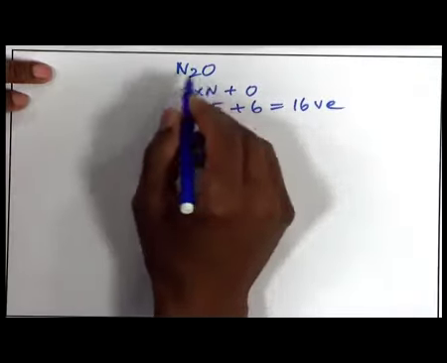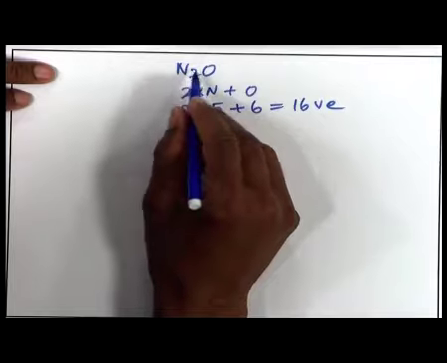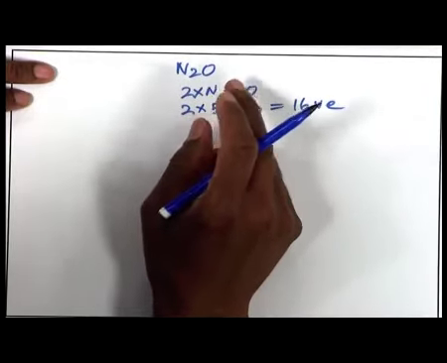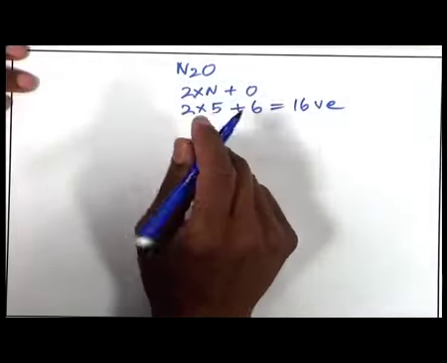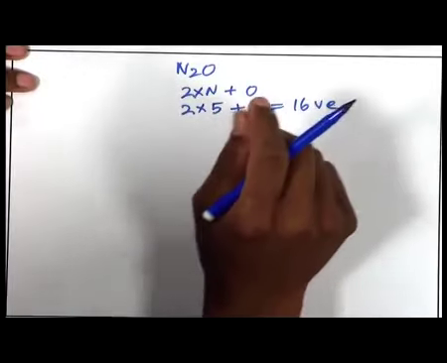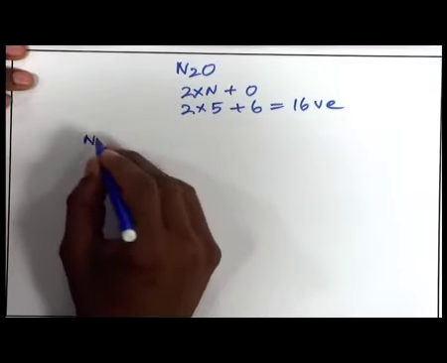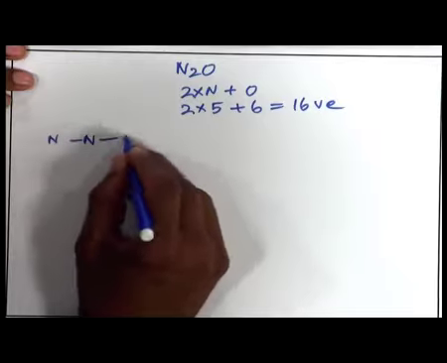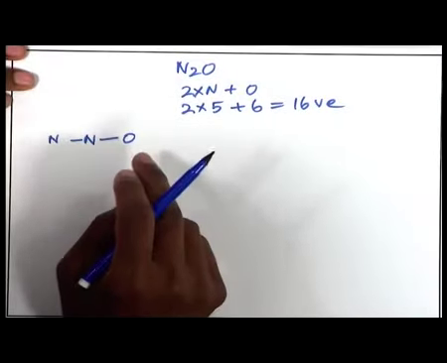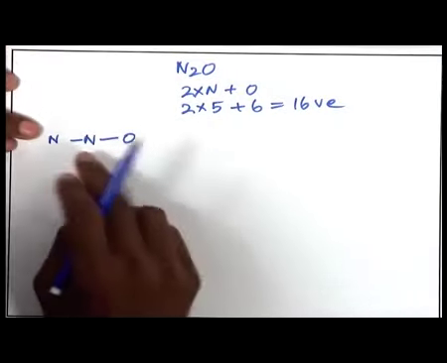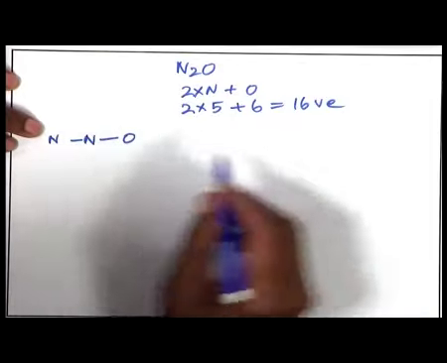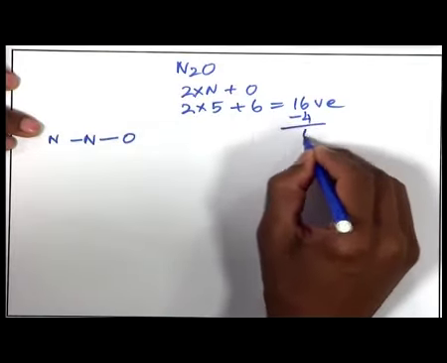Now you can find the central atom, which is the least electronegative or the atom with more bonding capacity. Bonding capacity refers to the number of unpaired electrons. Nitrogen is the central atom. You can write nitrogen, nitrogen, O. There must be one single bond linking each to the central atom, so 4 electrons are gone: 16 minus 4 equals 12 valence electrons.